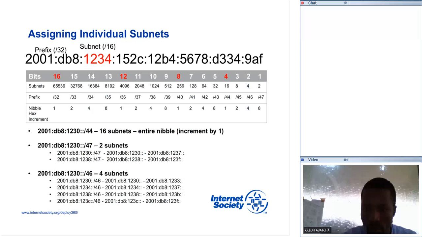If you get into assigning individual ones, you start to move the boundary. For instance, on this slide I show you what it would look like if you did a /47.